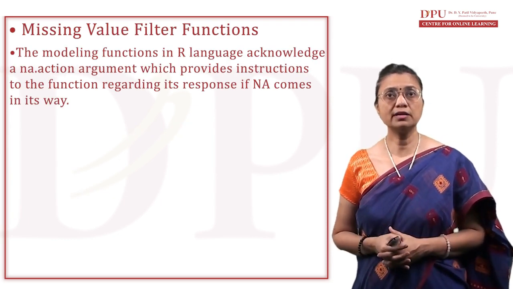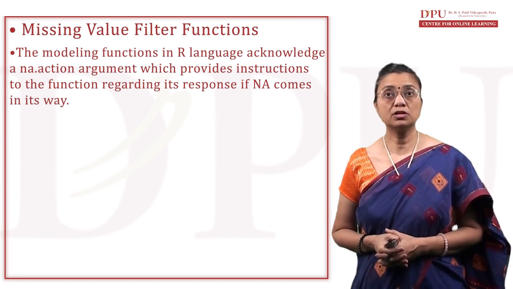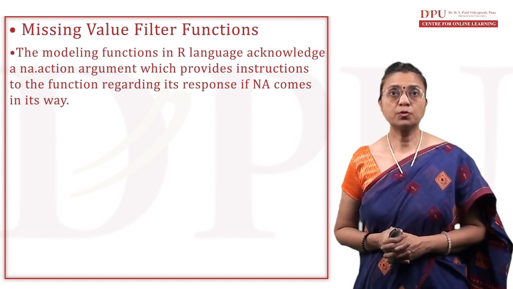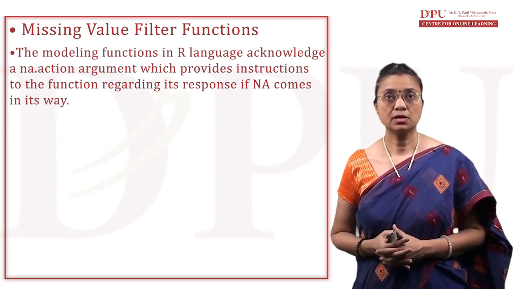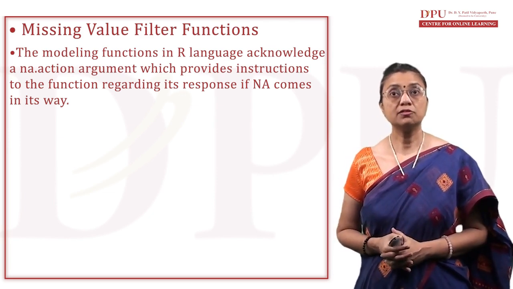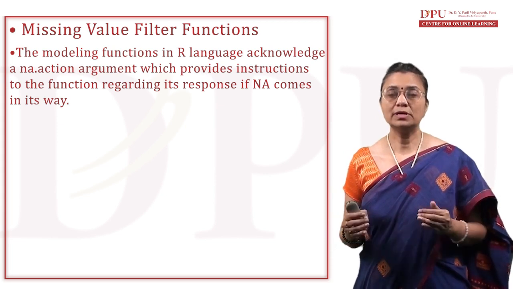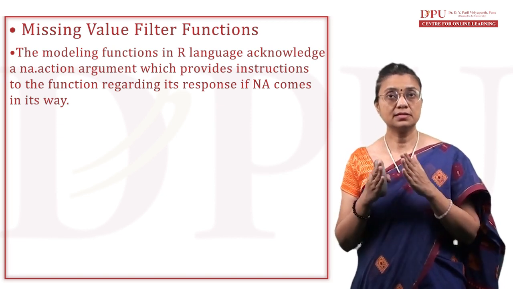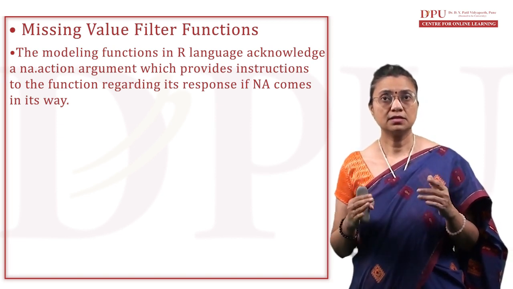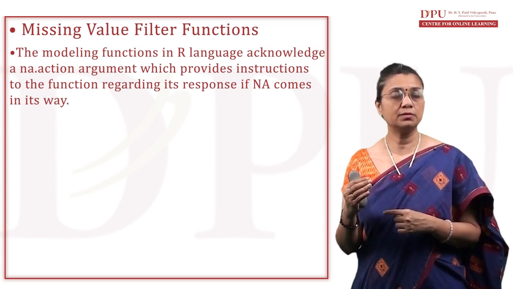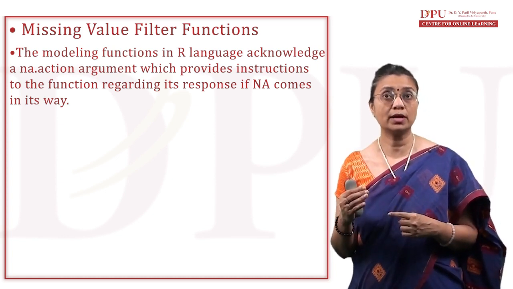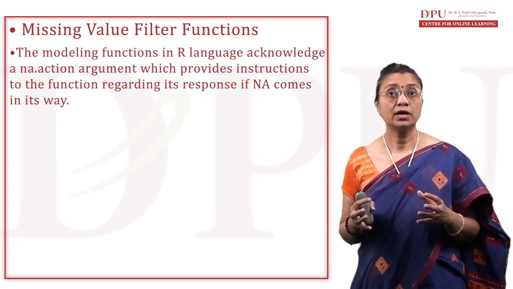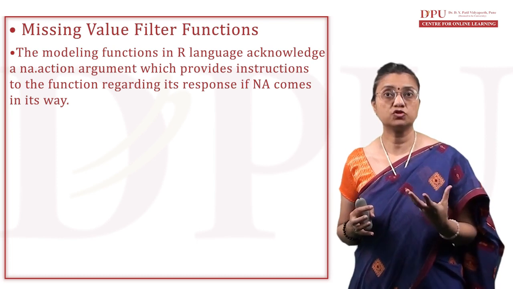So students, the modeling functions in the R language acknowledge an na.action argument, which provides instructions to the functions regarding their response if NA comes in the way. Basically, we can consider a particular data set, and if any particular cell value becomes NA, which is not available, in that case we can have an argument na.action.